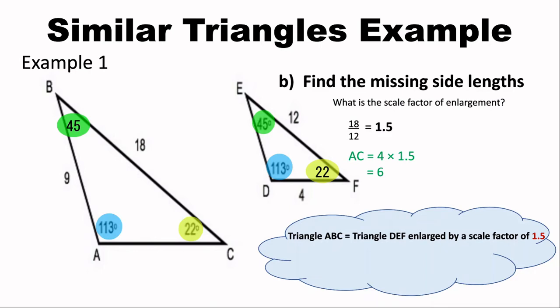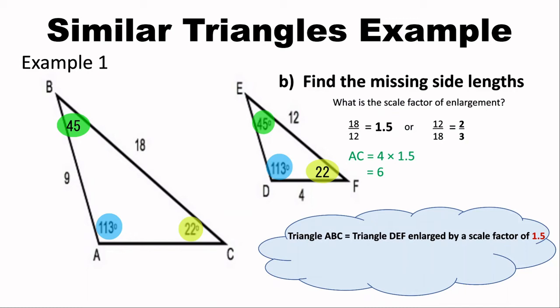Rather than doing 18 divided by 12, we can do 12 divided by 18. 12 divided by 18 as a simplified fraction is still 2/3. And I'd rather keep this as a simplified fraction, which has not been rounded, than write 0.6 or 0.67 or 0.6 recurring, because I can work with fractions accurately and exactly while working with rounded answers will give me a rounding error.